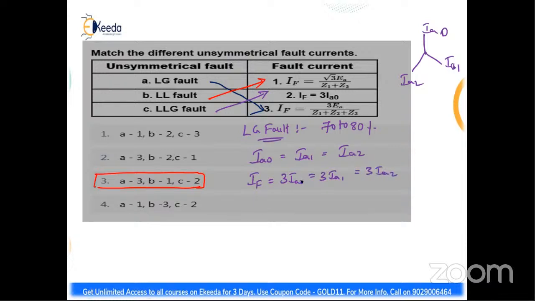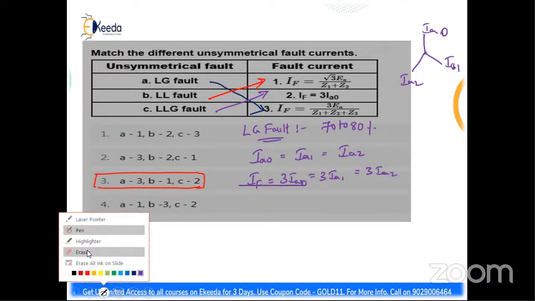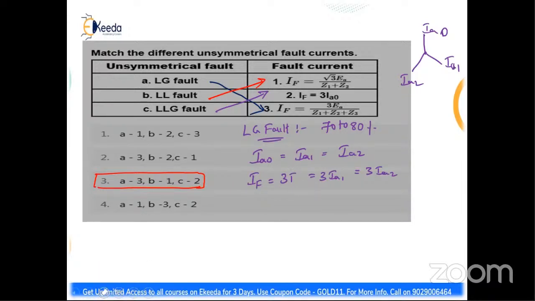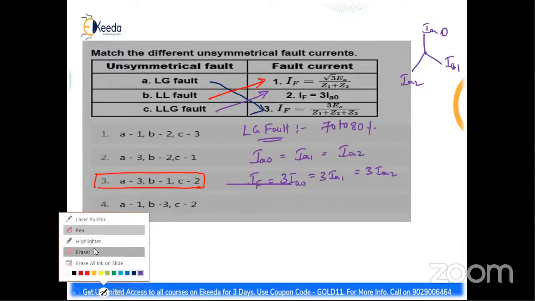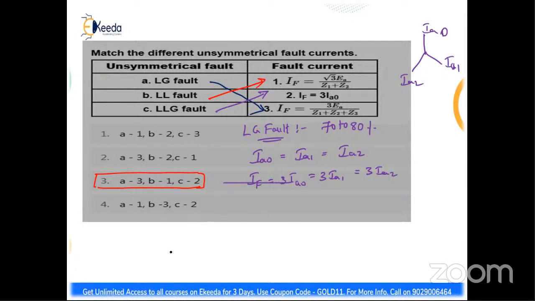Got it? Then IF is equal to 3 EA divided by Z1 plus Z2 plus Z0. Understood? So this is for LG fault.